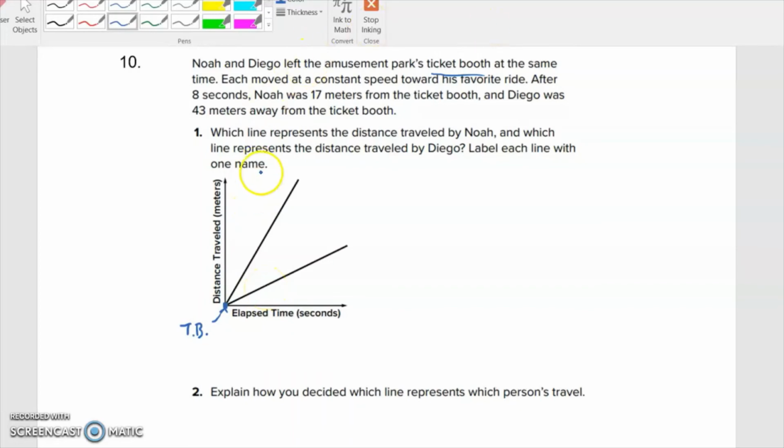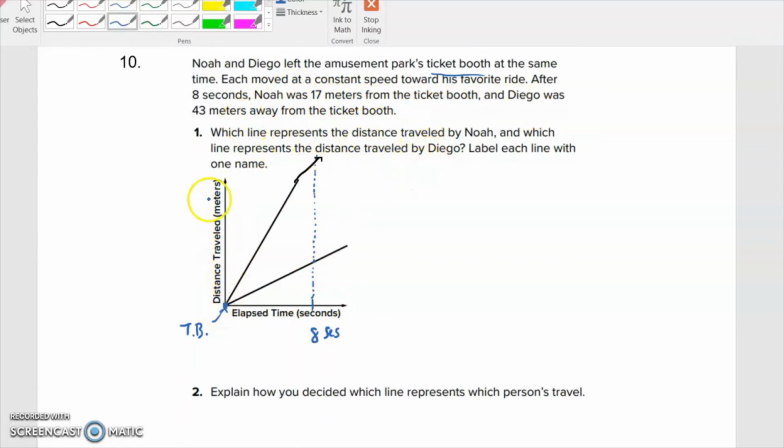After 8 seconds, so our time, notice, is on the x-axis. It says after 8 seconds. Well, this isn't labeled, but I can just guess. Maybe 8 seconds is right around there. Let's just say this is 8 seconds. If I were to extend that point up here, like this, and I could extend their lines a little bit if I needed to, it tells me at that time, Noah was only 17 meters away, and Diego was 43 meters away.